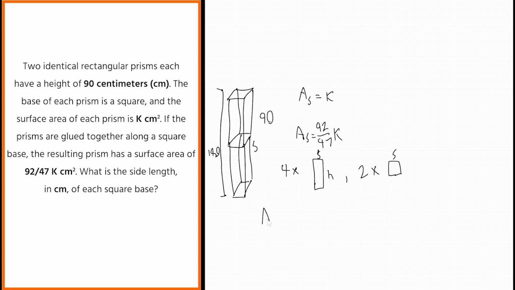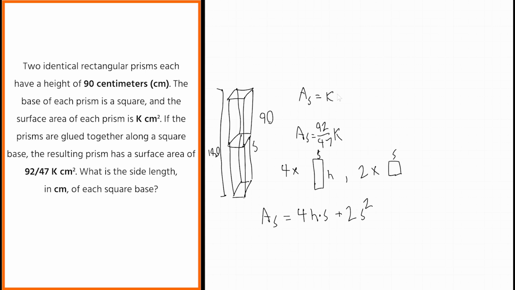So the surface area of a rectangular prism is going to be 4 height times side length plus 2 side length squared. The height times side length is the area of each rectangle. Side length squared is the area of each square. 4 rectangles, 2 squares, that's what it's going to look like. So this is the general equation for the surface area of a rectangular prism.